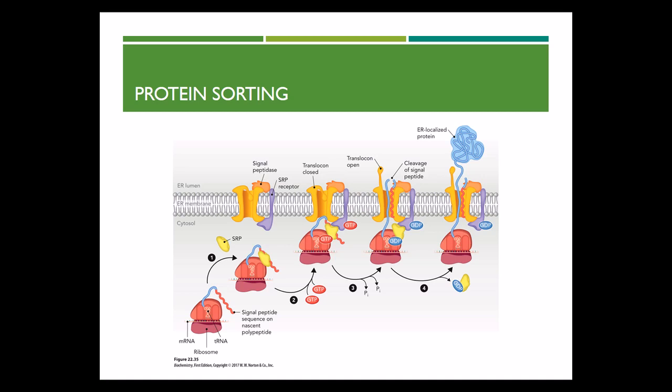The synthesis of proteins bound for the secretory pathway begins on ribosomes that are free in the cytoplasm. Once a portion of the nascent protein that contains a specific signal emerges from the ribosome, synthesis is halted and the ribosome complex is directed to the endoplasmic reticulum.